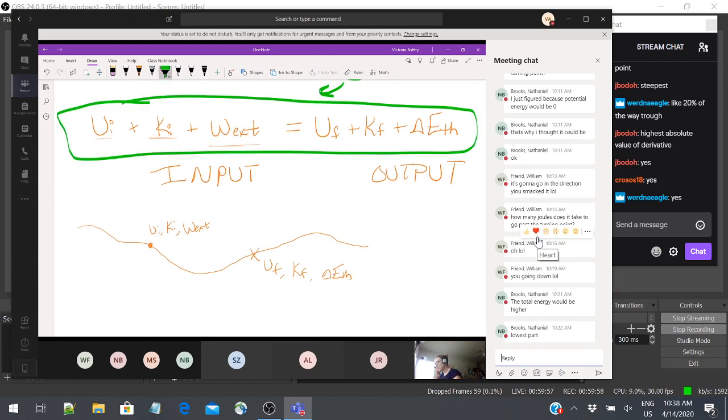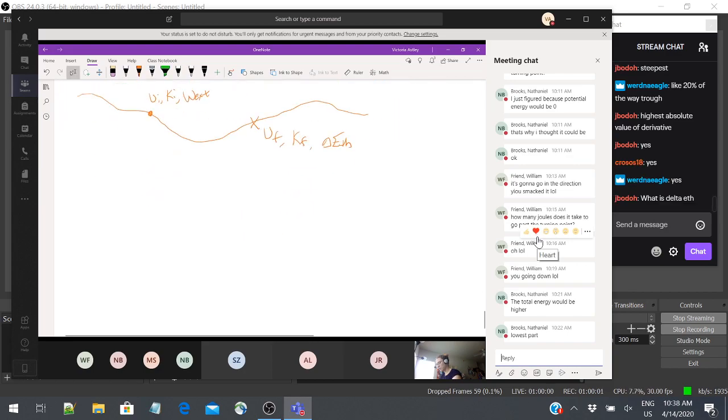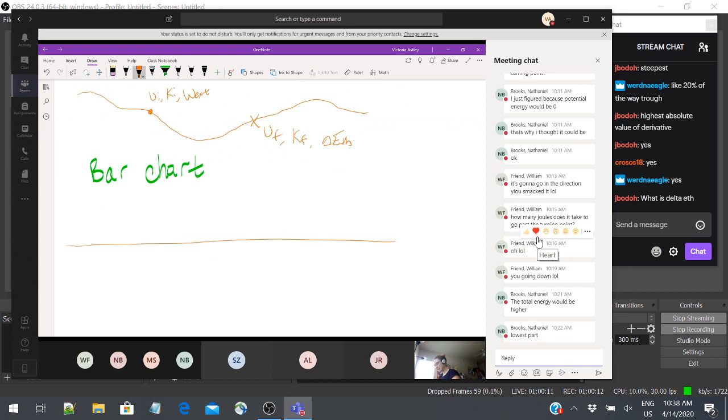So I like to use this, or people in general like to use this, to create bar charts. A bar chart is like I have an axis. So this is my 0 axis.